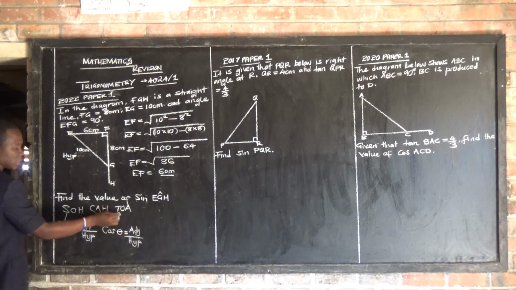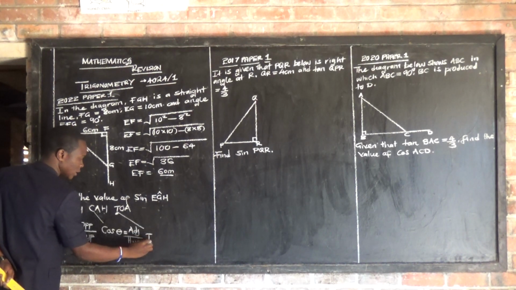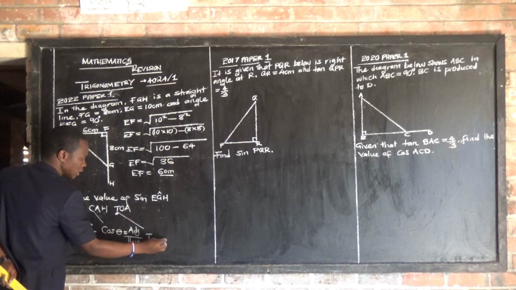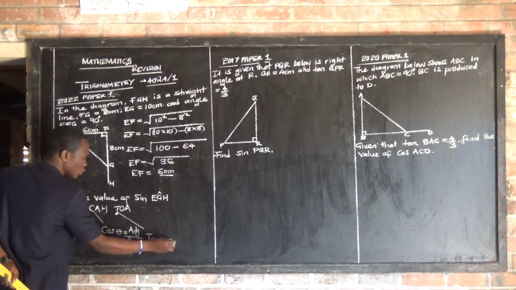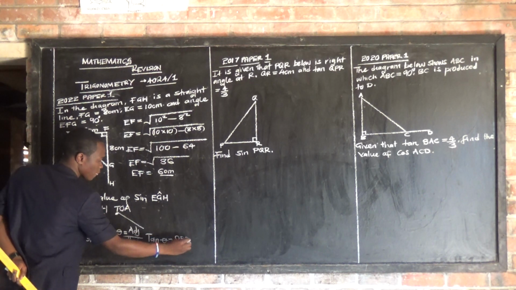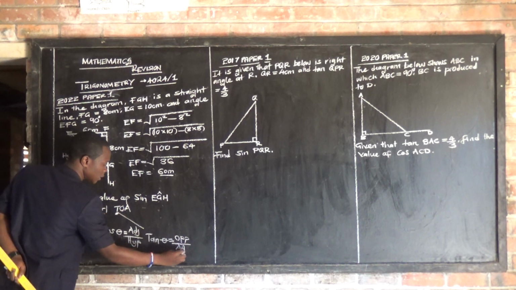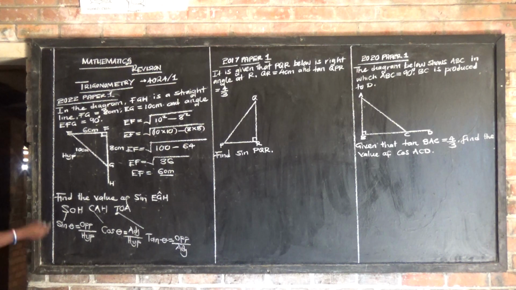Then T is for tangent: tan theta is equal to O, opposite, over A, adjacent. Very good.